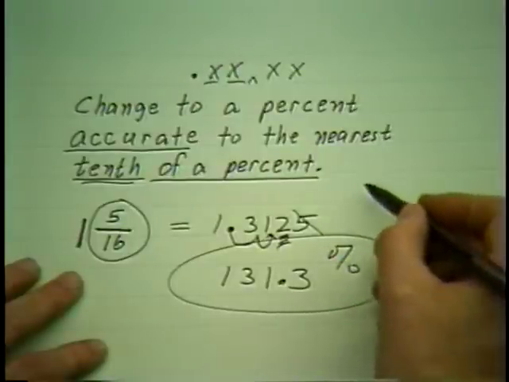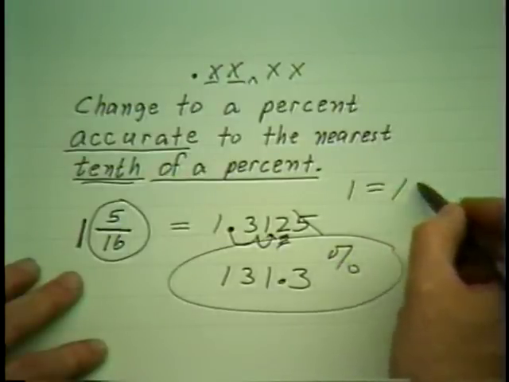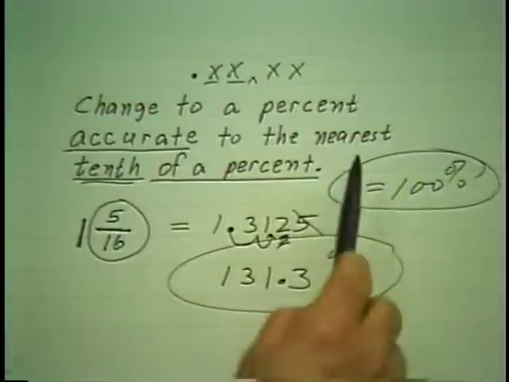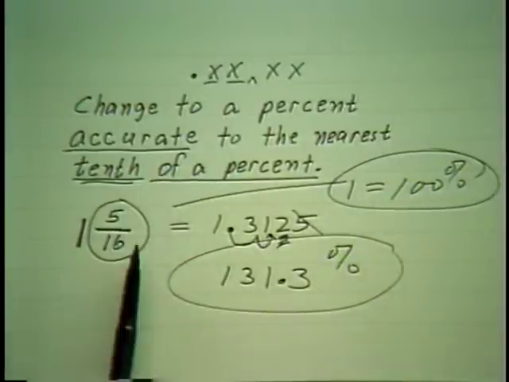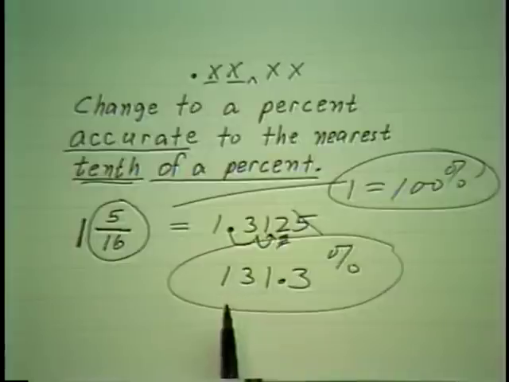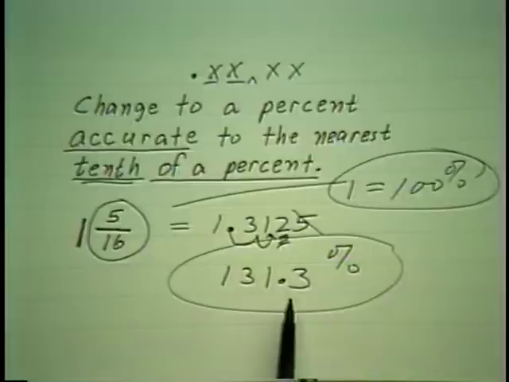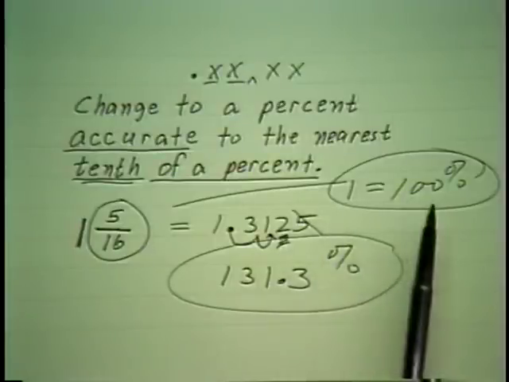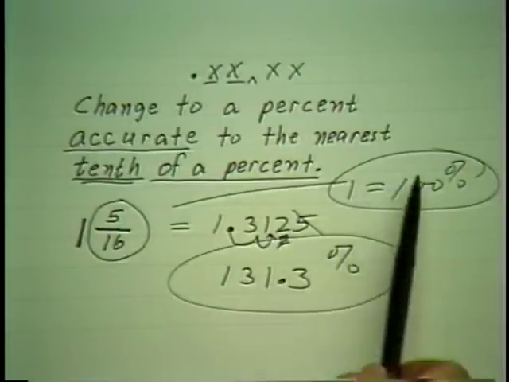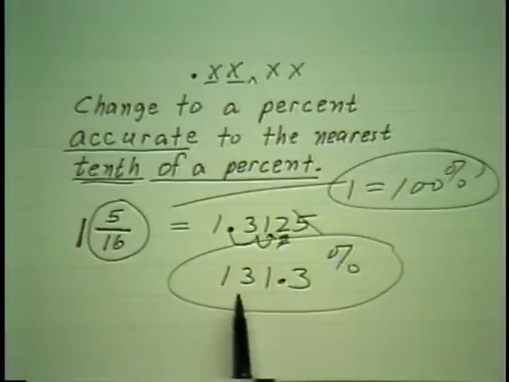Now remember, 1 is the same thing as 100%. So this is more than 1, so our percent equivalent should be more than 100%, and this is. So remembering this sometimes gives you a quick and easy way to check to see if your answer is at least in the ballpark.